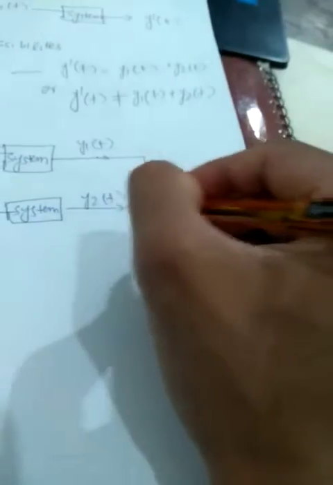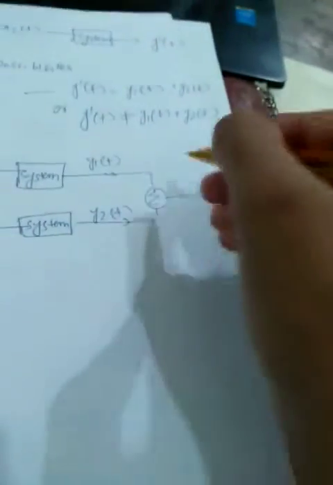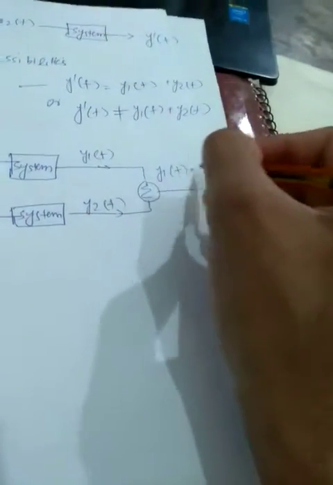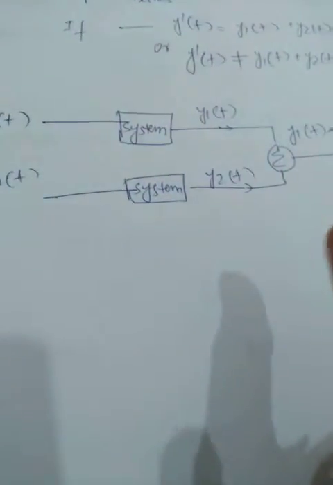If we have another input x2(t) and also pass it through the system, we get y2(t). If we add these both, then it gives us y1(t) plus y2(t). This is our system for the law of additivity.